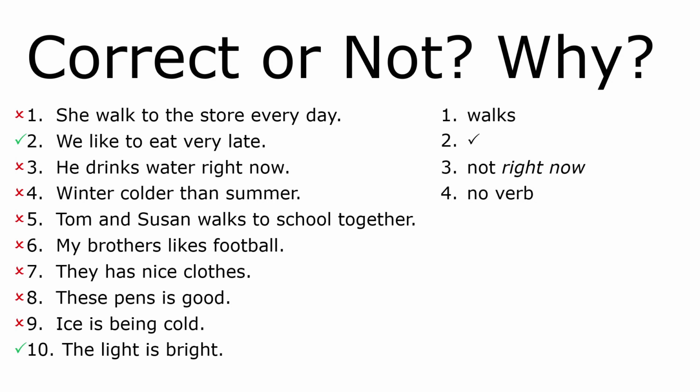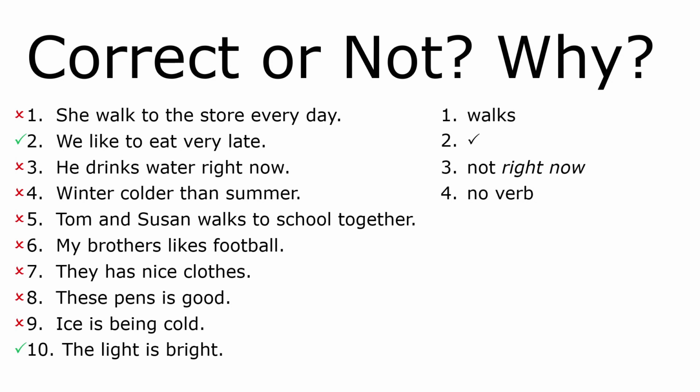Tom and Susan walks to school together. Now, depending on what your first language is, this might look completely correct. You might be scratching your head right now, wondering what the problem is. Well, this S, I understand why people might put that there, but that S doesn't belong because Tom and Susan is like they.